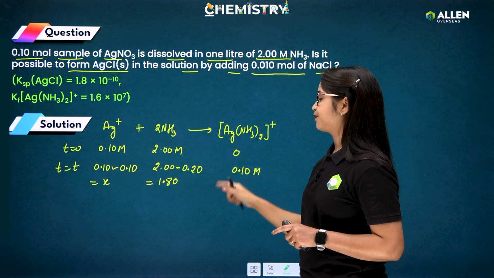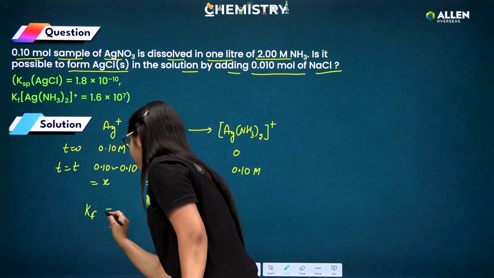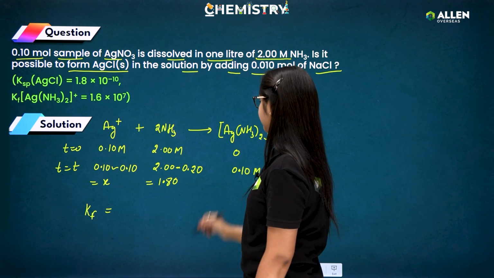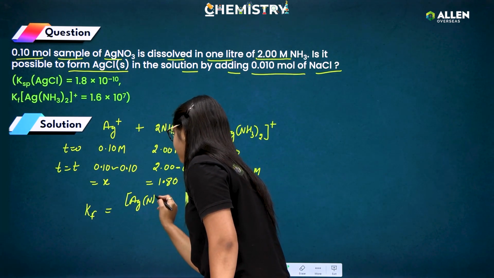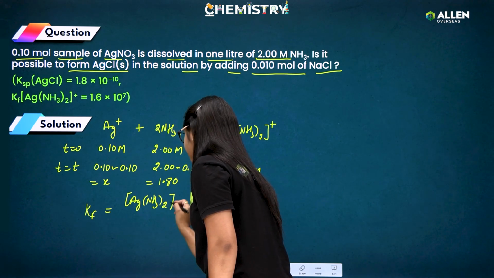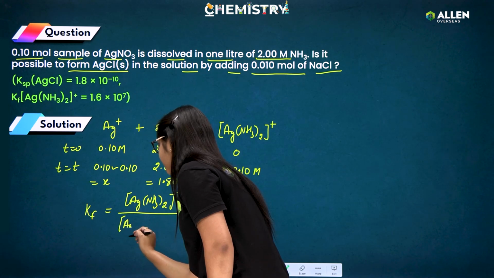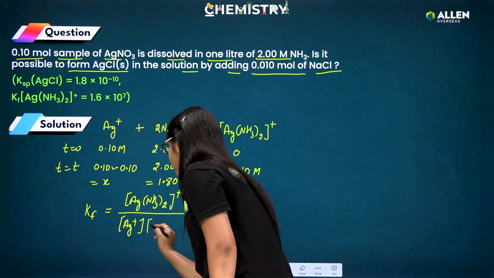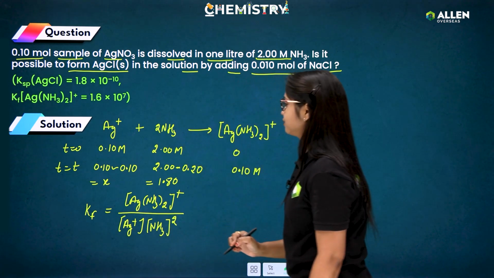For this reaction, if we write the Kf expression, it will be the concentration of Ag(NH3)2 positive divided by the concentration of Ag plus into the concentration of ammonia raised to the power 2, right?